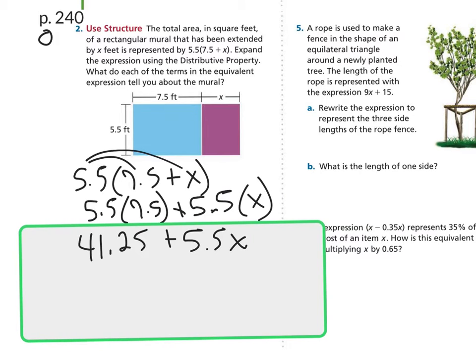So once we've done that part, the next question is, what do each of the terms tell you about the mural? If we think about this like we did previously, 41.25 would be the area of what?